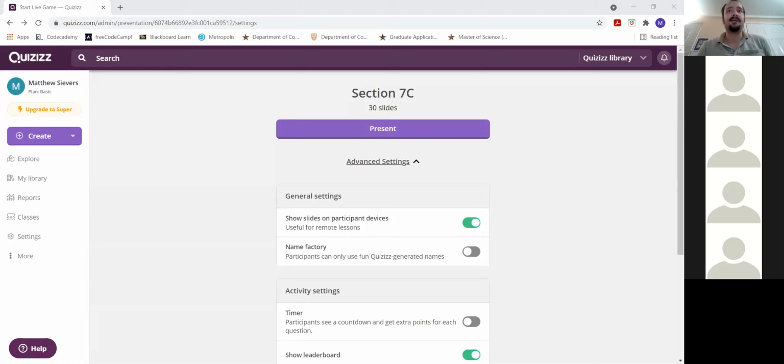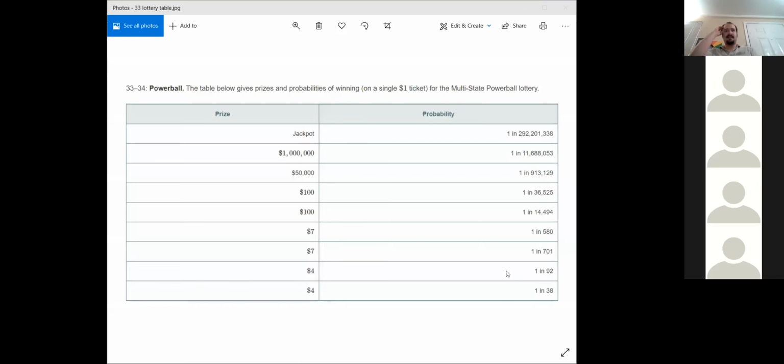Let me bring up that table right quick. All right, so this is the table. We should start out with a minus $1. We're spending $1. We're guaranteed to do that.